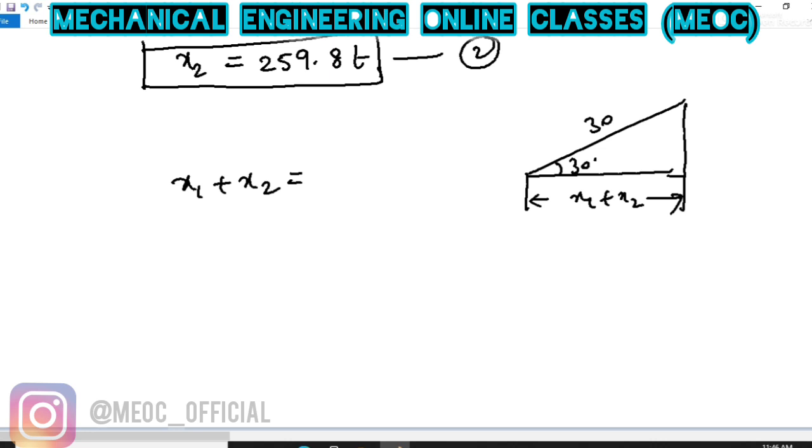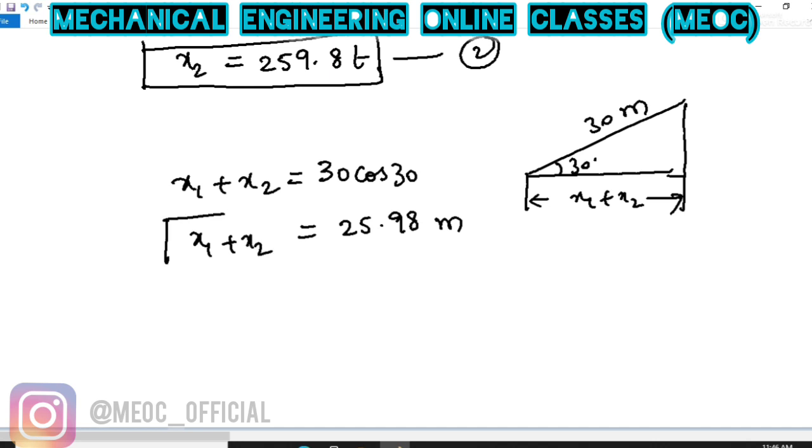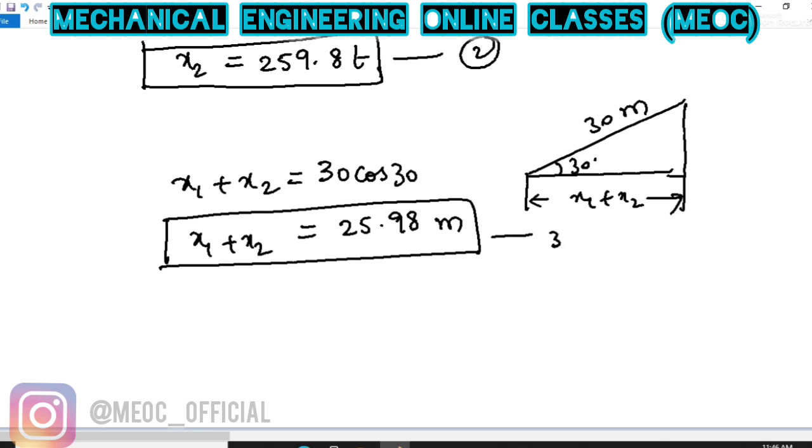So x1 plus x2 can be written as 30 cos 30. So this will be equal to 25.98. Because this is in meter, this also will be in meters. So x1 plus x2 is equal to 25.98 meters is the third equation.